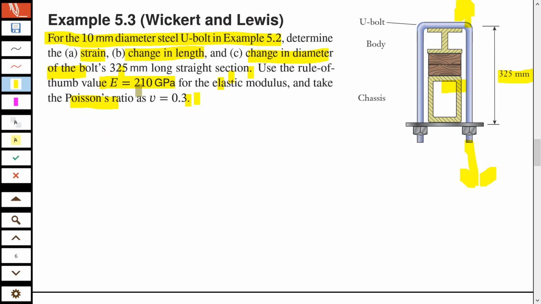Okay, so how do we go about the first part A? In part A, we need to find strain. So what is strain?